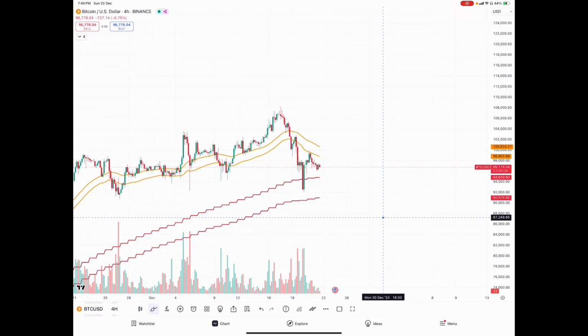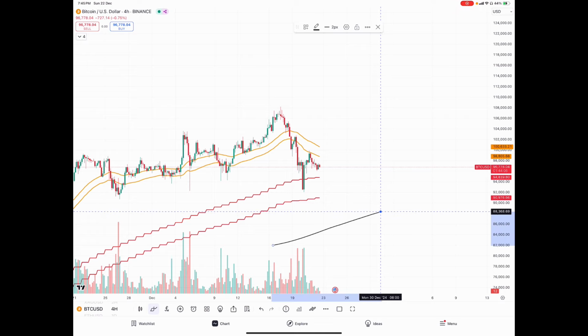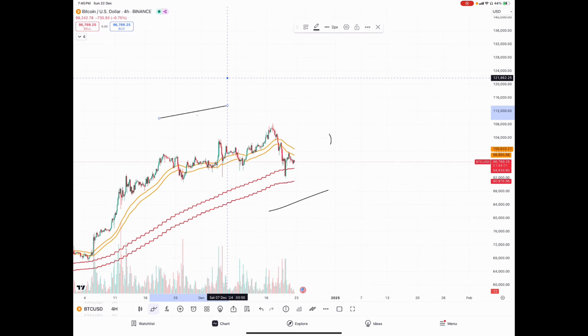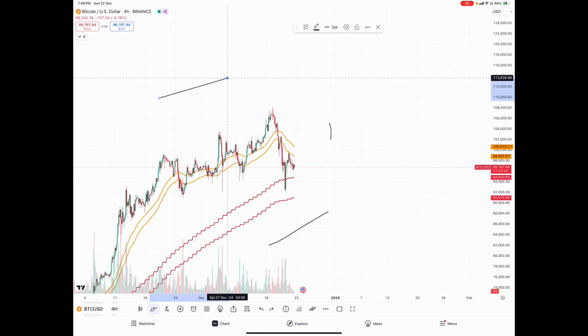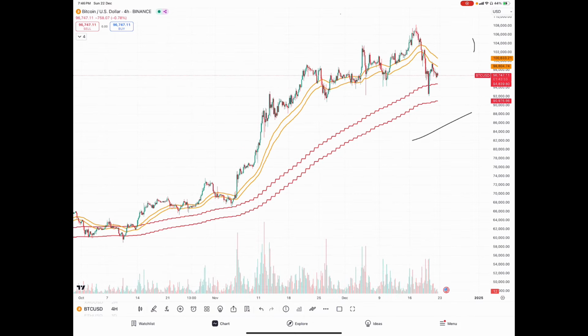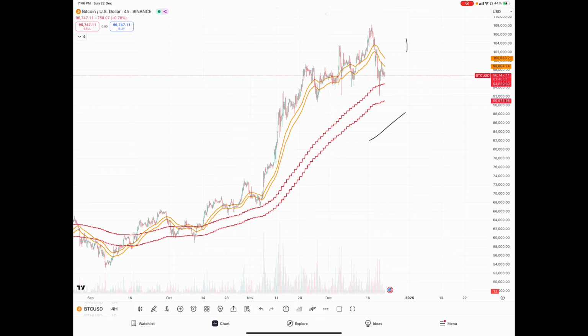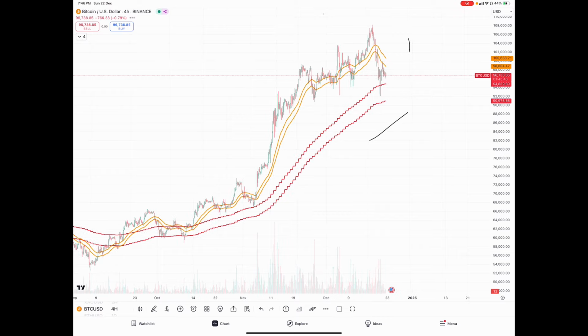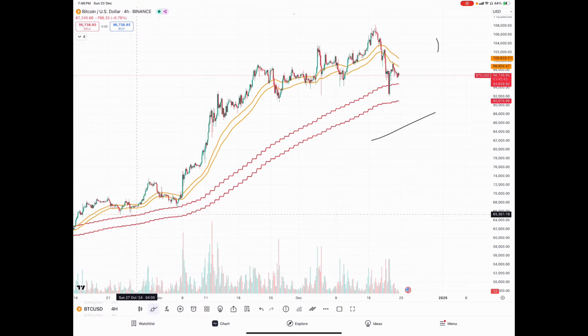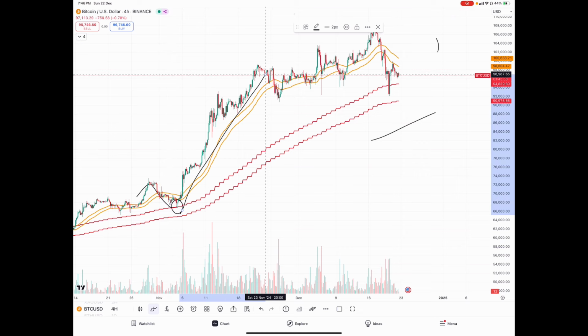You see, it retraced, bullish move. It retraced, from here it reversed.